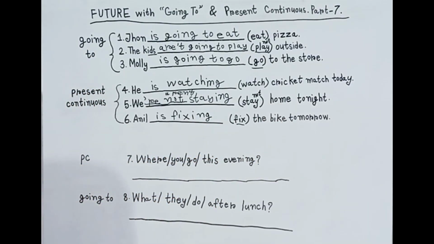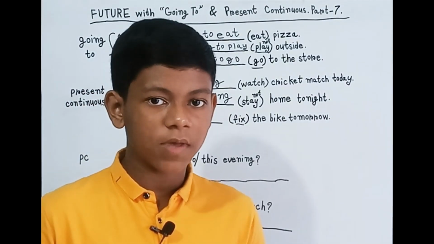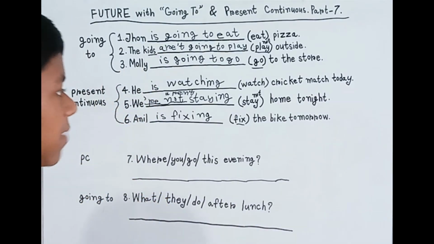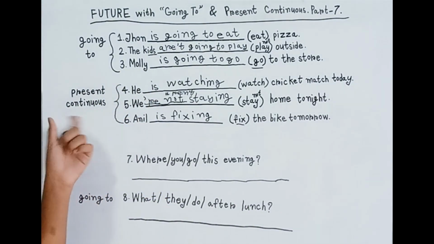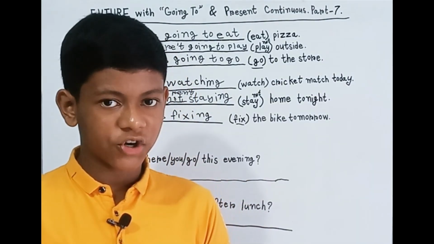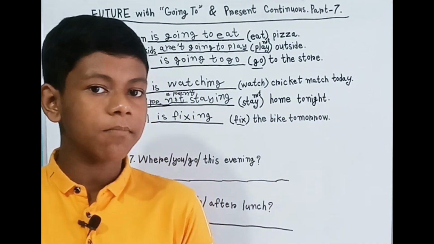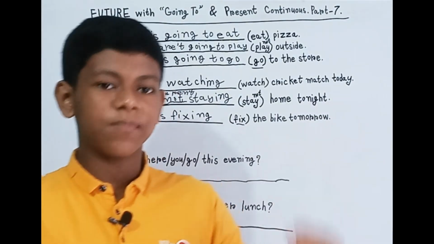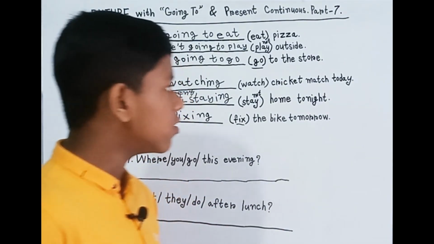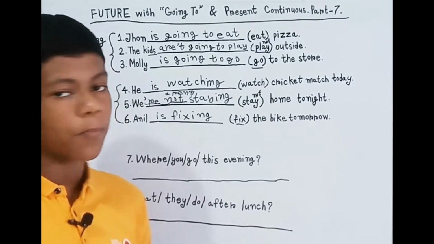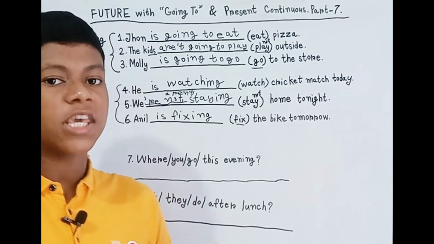Okay, so sometimes present continuous is also used in future tense. Remember, we have learned this in our previous lessons. But with this present continuous, you have to add the time marker. If you don't add the time marker with the present continuous, then it can be the future. So what are the time markers here? There are time markers we have used in each sentence.